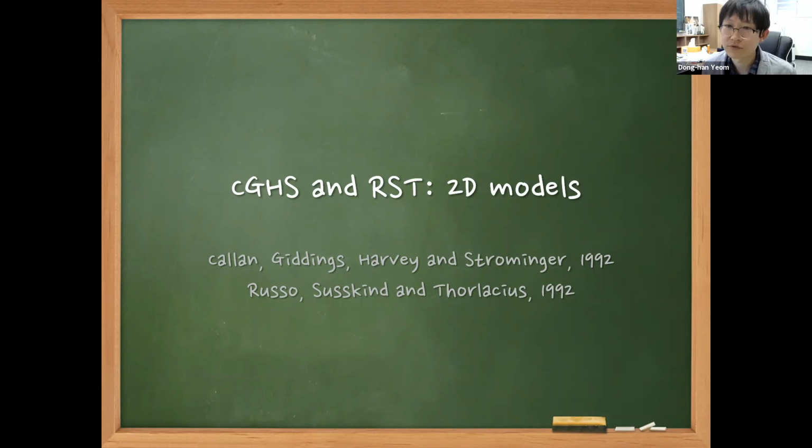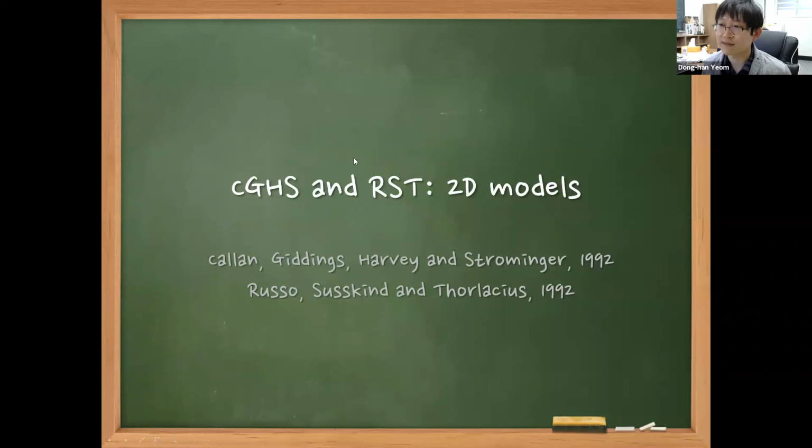Many people struggled to solve this two-dimensional model, but CGHS is not solvable by an analytic formula. It is only numerically solvable. So several people introduced several terms to the model, and by imposing some global symmetries, one could obtain an analytic formula for the solution.